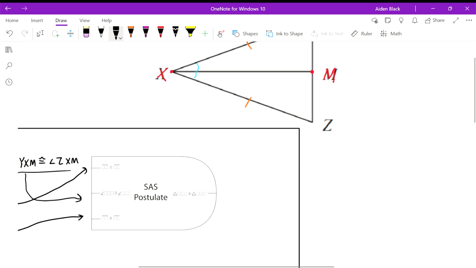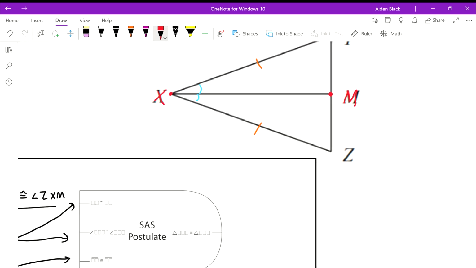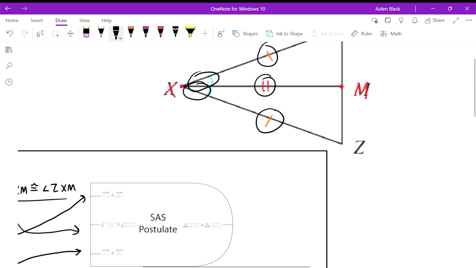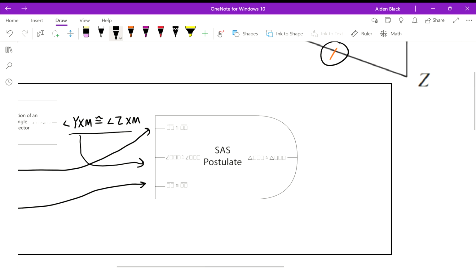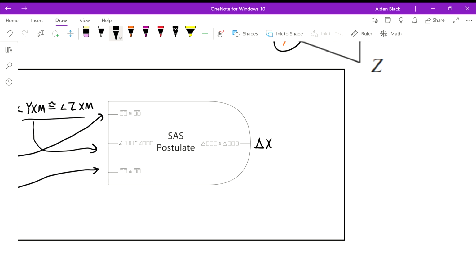And if you actually look at the order, you can tell we have a side, just like over here, and then an angle for both of these, and then 2 sides. So side, angle, side. Again, this was our end goal, and we've achieved it. XYM is congruent to XZM. So let's write it. Triangle XYM is congruent to triangle XZM. And we're good.